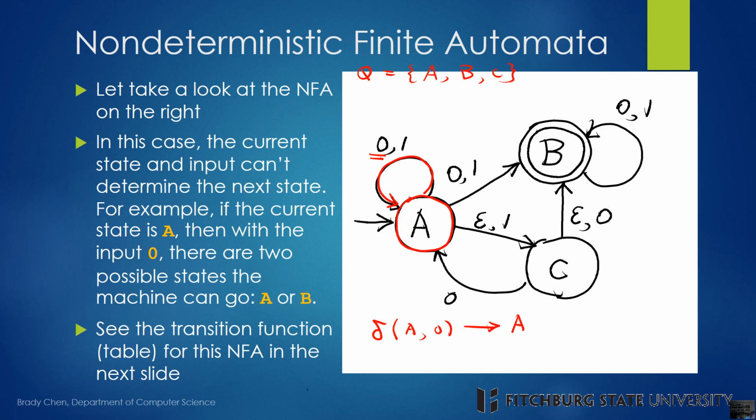So the current state is A, and with the input value 0, it's going back to A. See this arc? It's going back to A. Or with the current state A and the input 0, it could actually lead to the final state B. Okay?